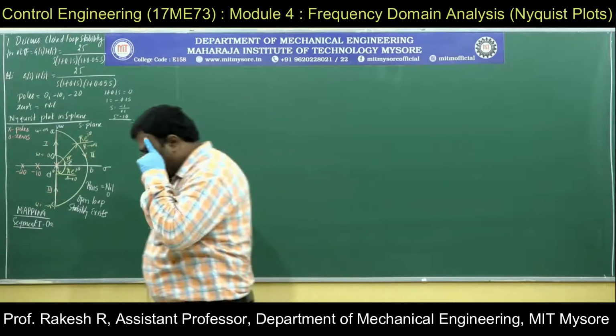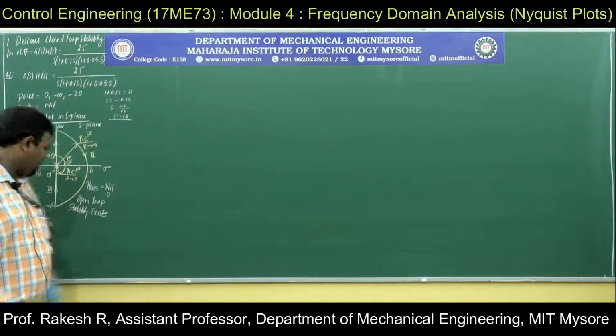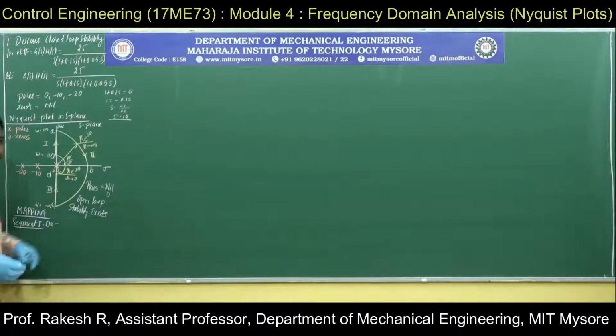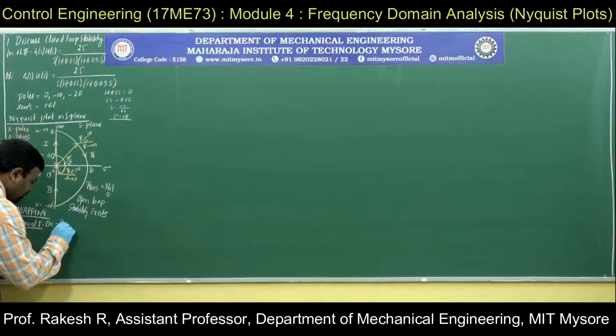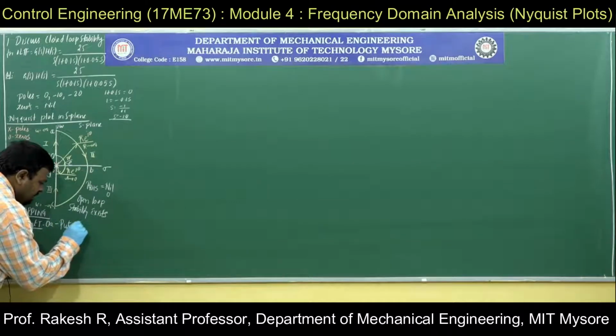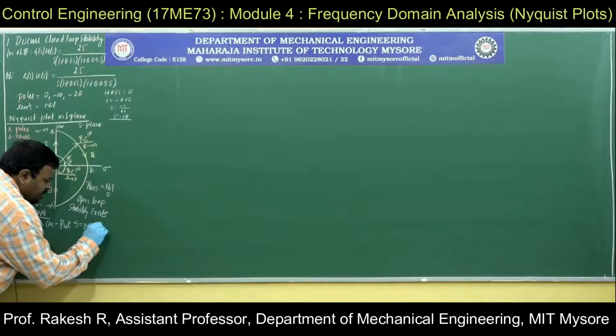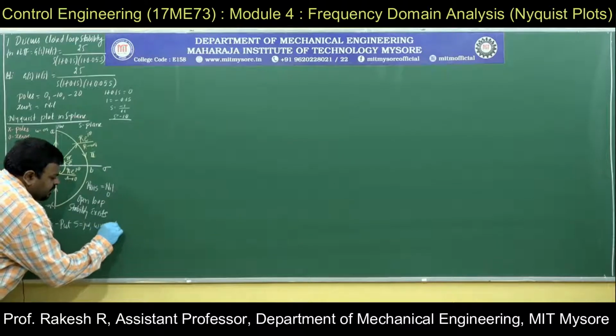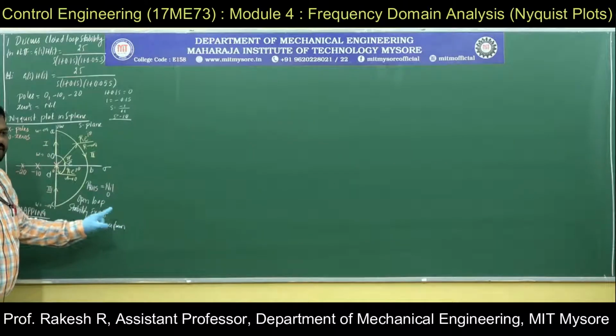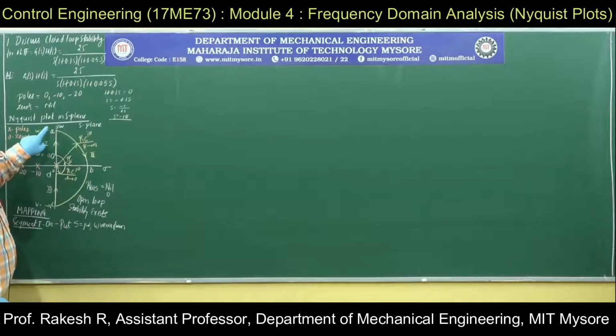It is simply a polar plot, and the procedure is also the same. What we will do is put S equal to j omega, and this sentence is important: omega varies from 0 to infinity.